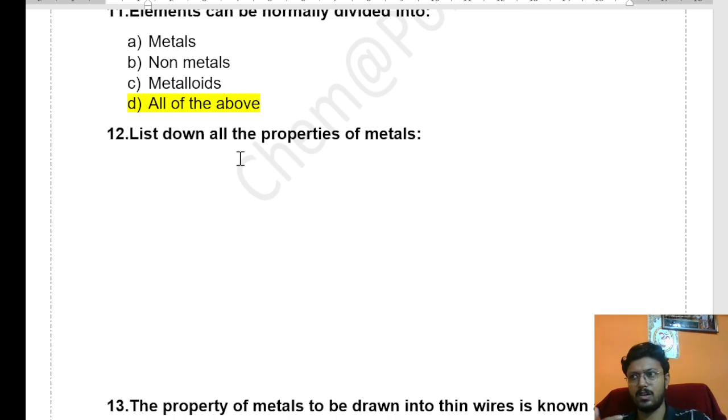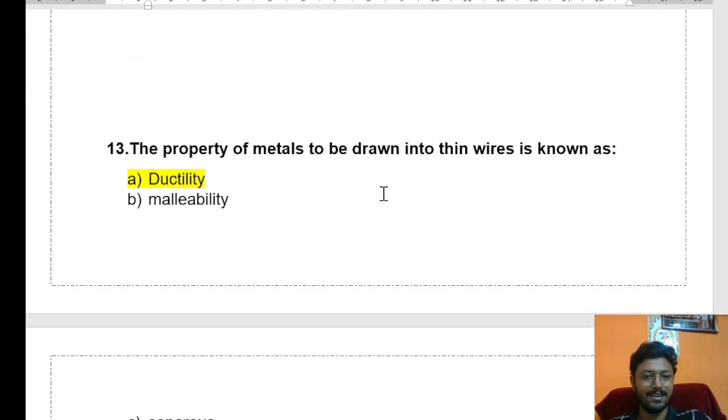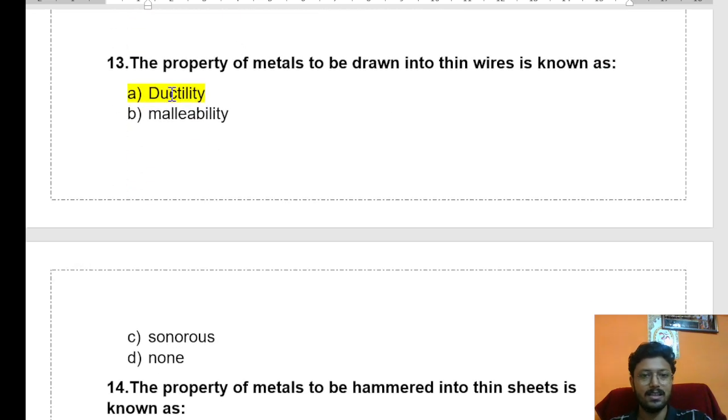Just like they can be sonorous, malleable, then ductile. Whatever you know, write 2 or 3 sentences. It is your homework. Question number 12. Okay, now move to question number 13.